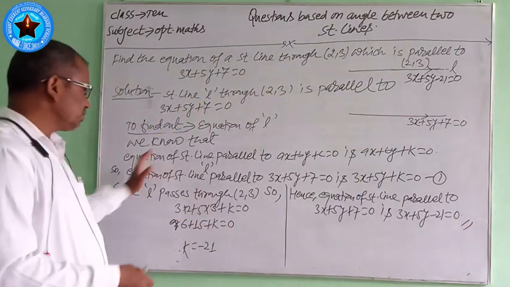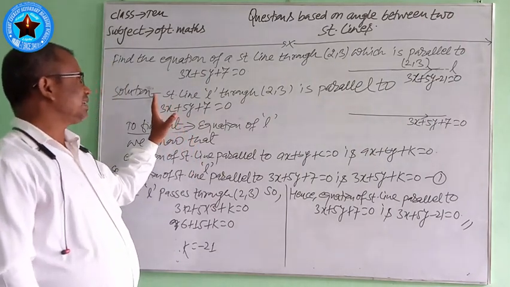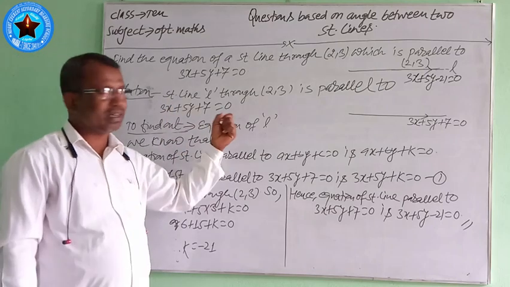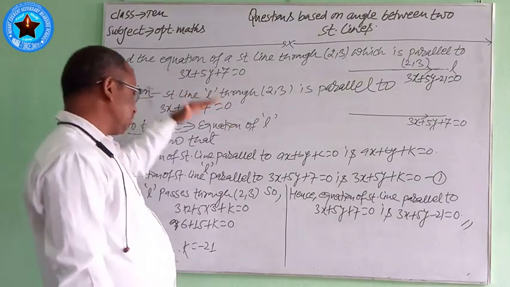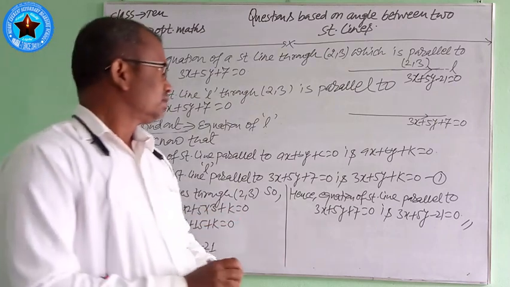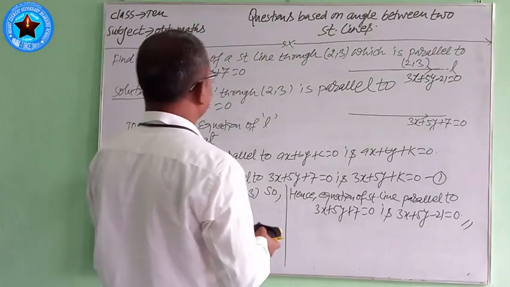In this way also we can find the equation of a straight line parallel to the given straight line when the required line passes through a point. Questions like this can be done in this way. This is also a way. Okay, and you will do questions like this from your book on other days.